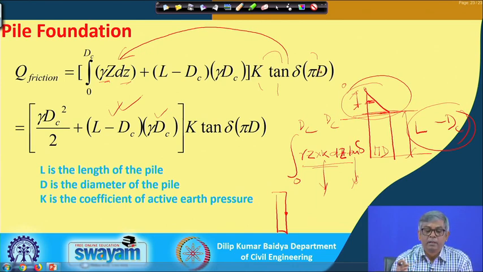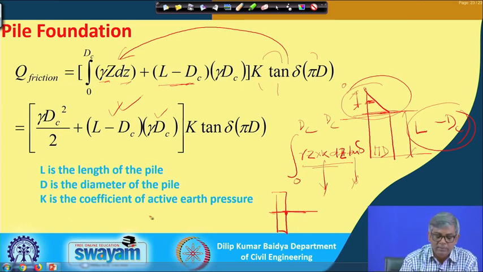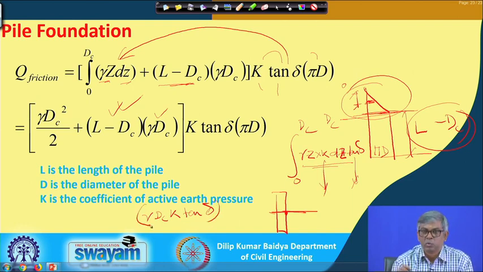So, L minus dc I have already taken here. That means from here to here, if I want to find out, I could have done gamma times dc multiplied by k multiplied by tan delta. That is constant throughout the depth.